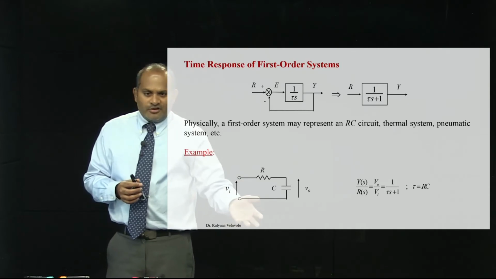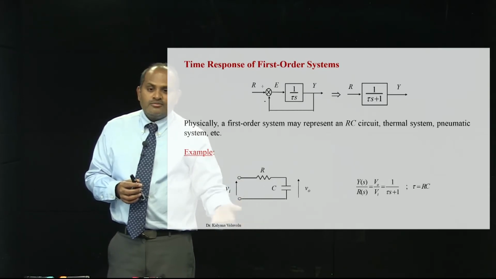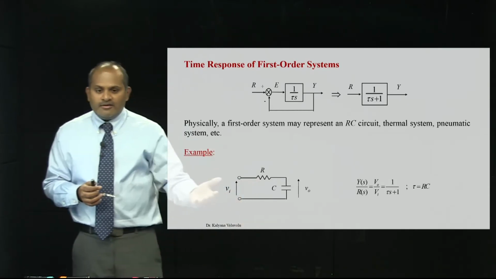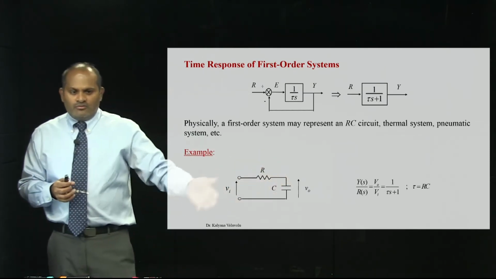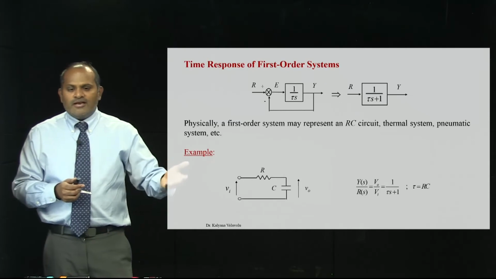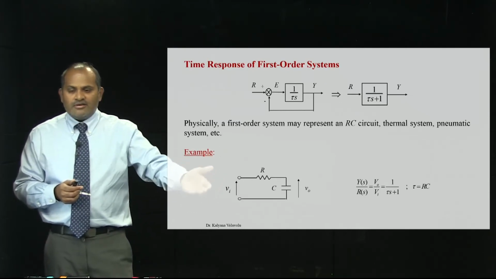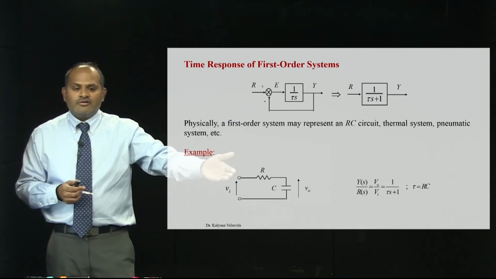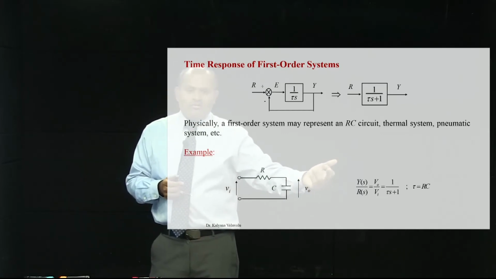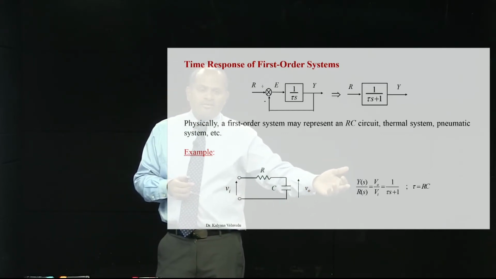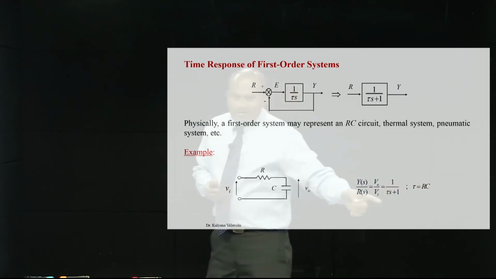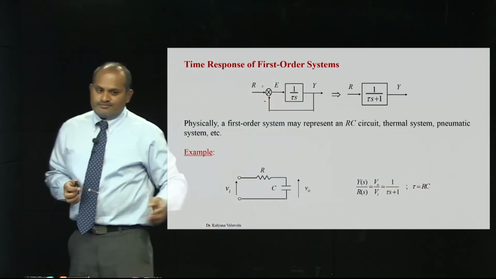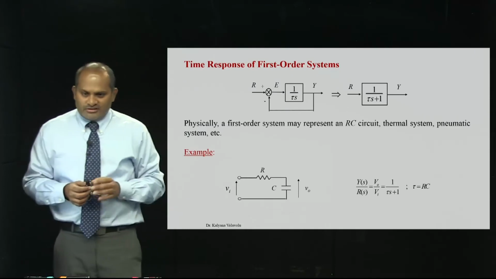This is an electrical circuit, but we can also treat it as a system as we modeled earlier. Vi is the input, the output is Vo. If I start the modeling, I can simply formulate the electrical equations for the circuit. I get the transfer function, output by input, Y of s by R of s, equal to 1 by tau s plus 1, where tau is equal to RC. Now, if you look at this model, tau is the single constant.